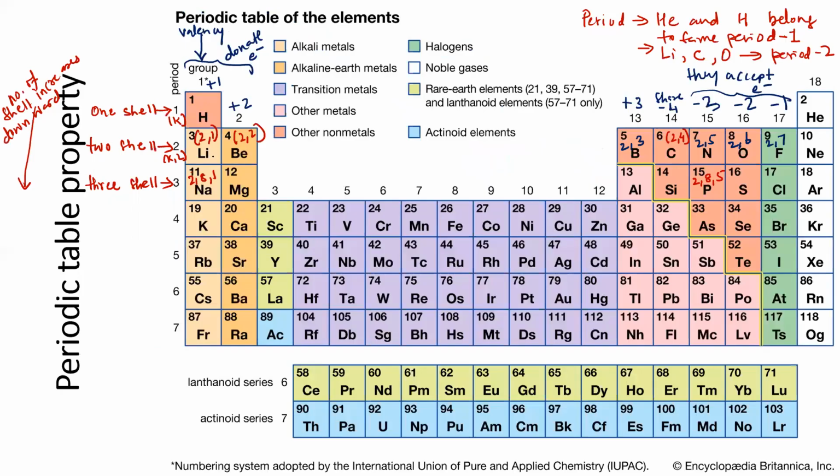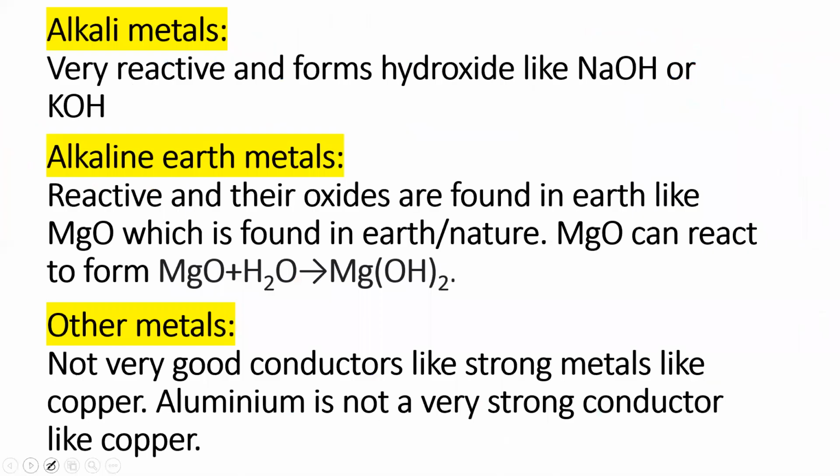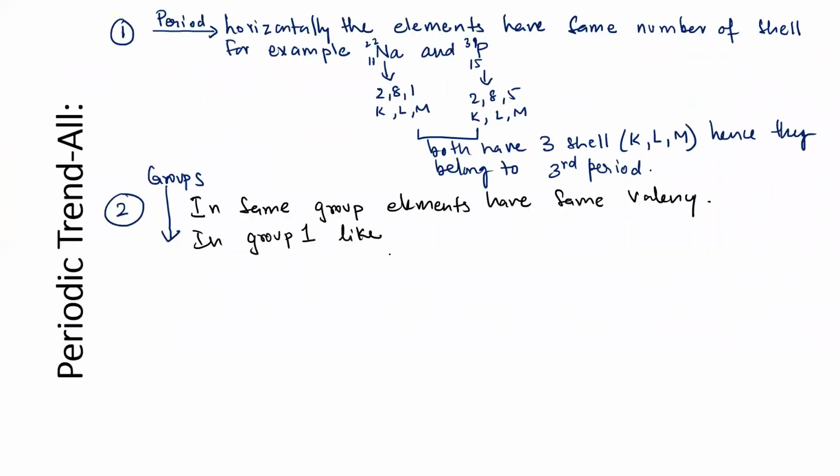I'm going to talk of lithium and beryllium, for example. Lithium, which has 3, 6, we can write as 2, 1. Which means it can donate 1 electron. So we write lithium as +1. And this +1 means it is group 1.